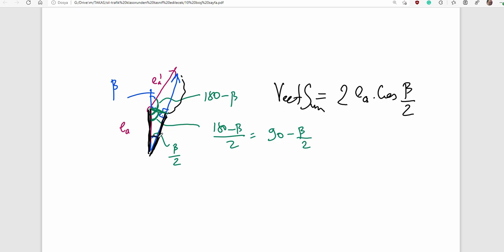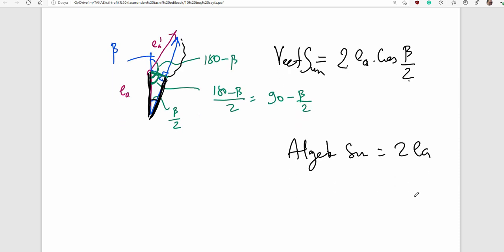One is cosine beta half and double of it. Okay, what is the algebraic summation? Algebraic sum is equal to double EA, as you see. One is this, the other is this, so double EA.